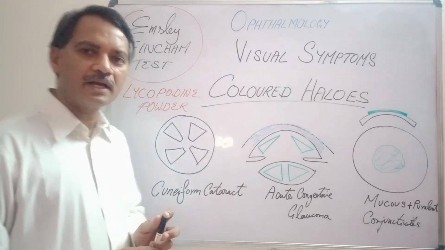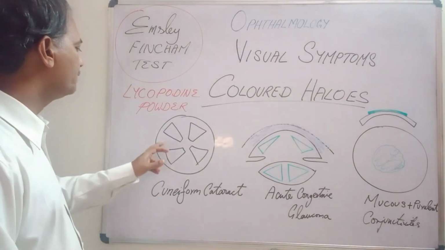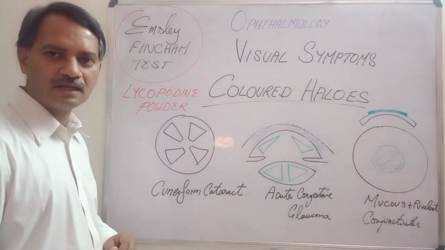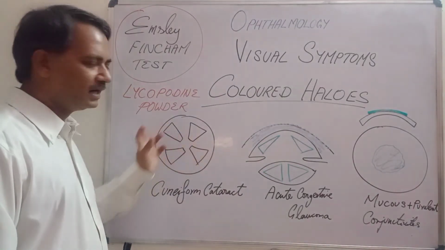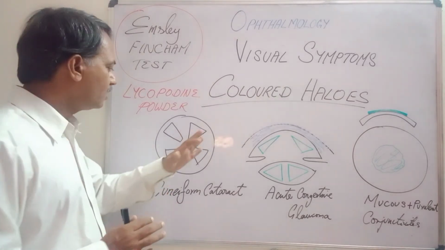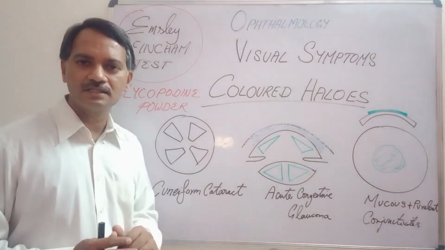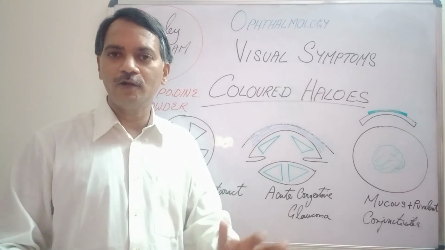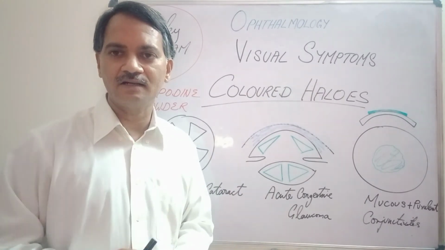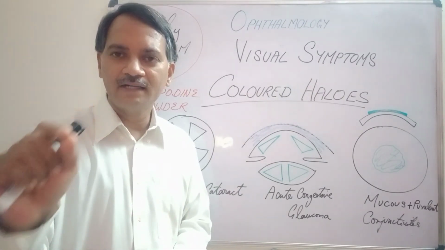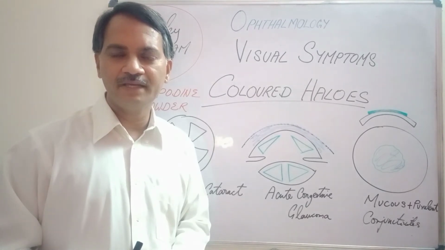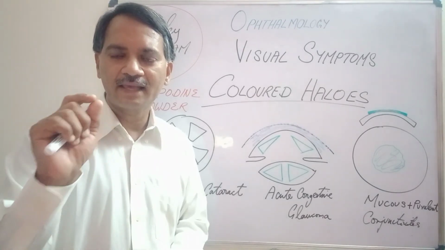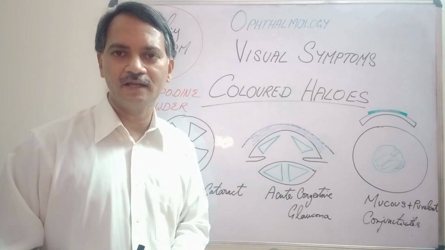Why is it broken? I already told you there are multiple wedge-shaped opacities giving rise to colored halos. So these wedge-shaped opacities will break the colored halos when this test is done, and from that we can conclude it is a cataract that is causing the colored halos.